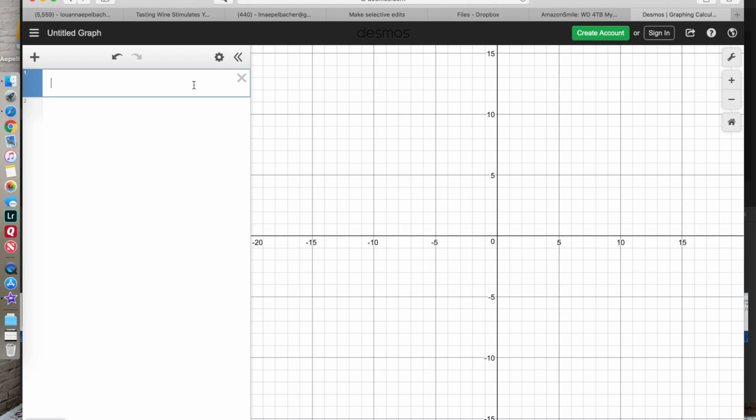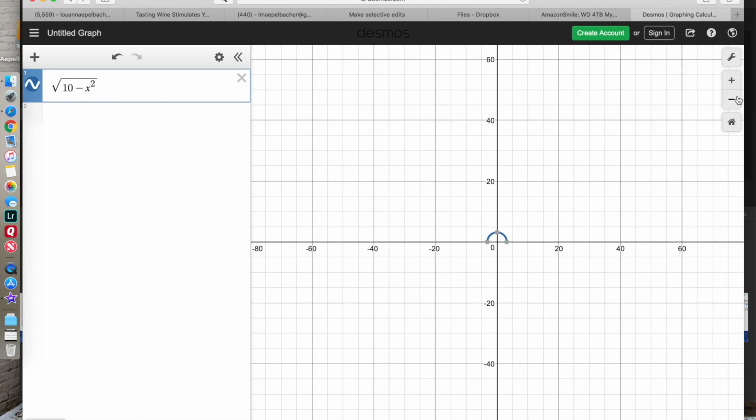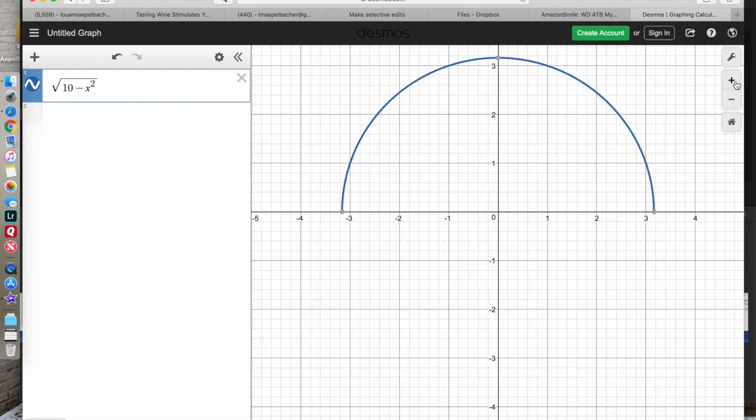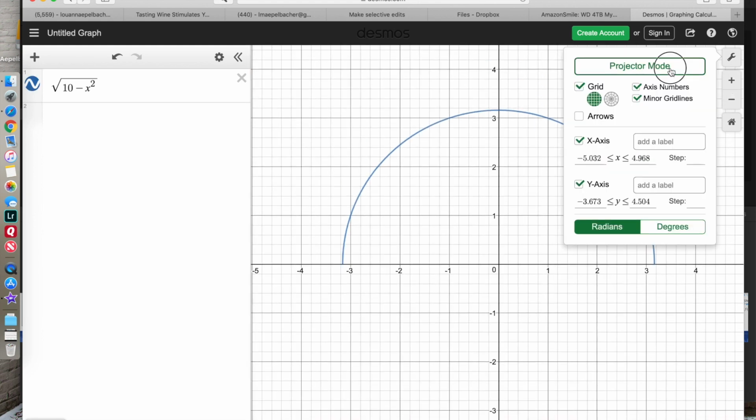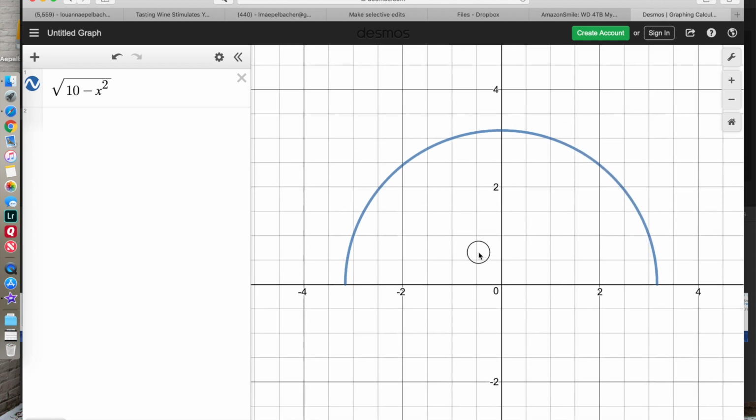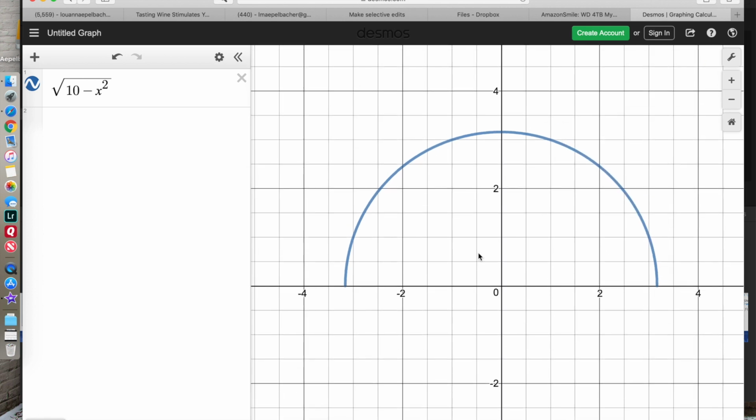That accompanies number 9b, and it's the square root of 10 minus x squared. And if we zoom in, this graph, let me put this in projector mode, it's easier for you to see in the video. What you'll see is that it looks a lot like it has reflection or line symmetry over the y-axis.